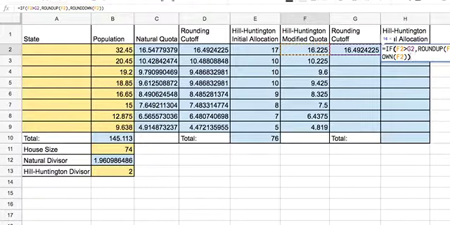I'll write that up there. And I will copy those down.